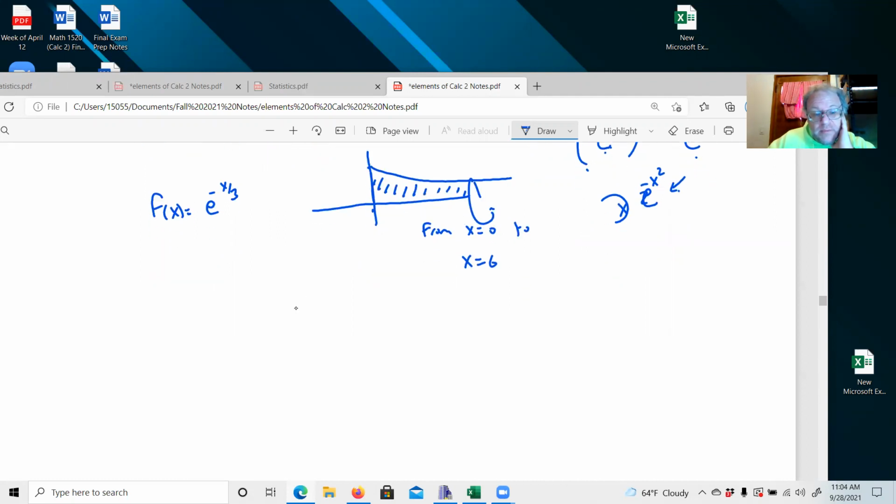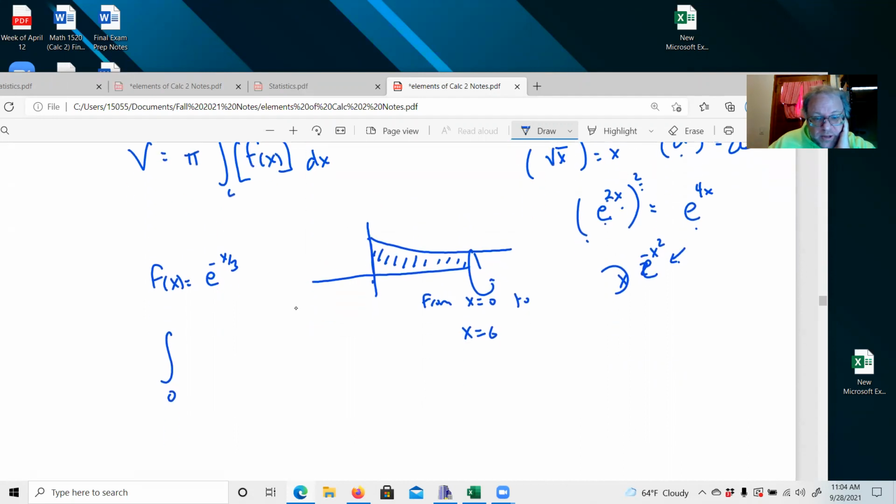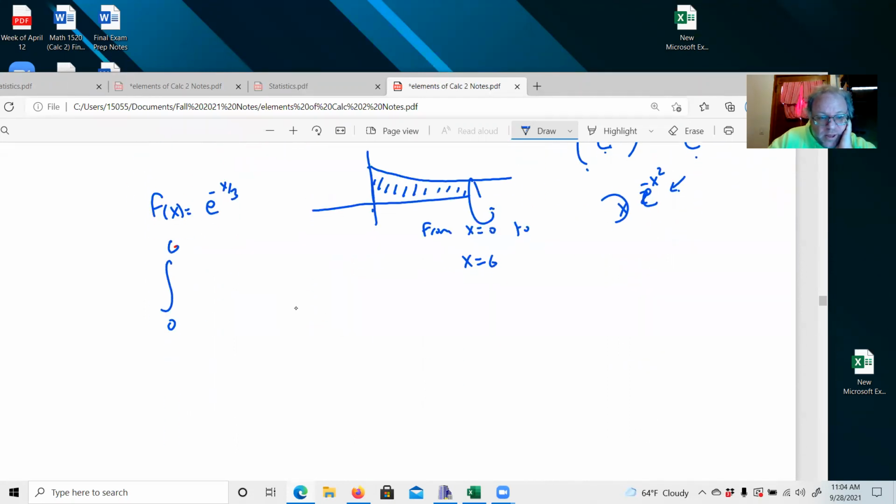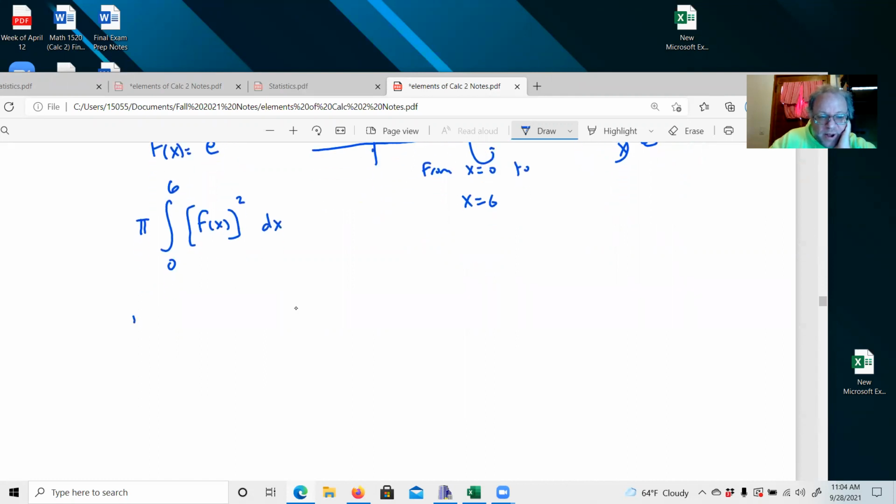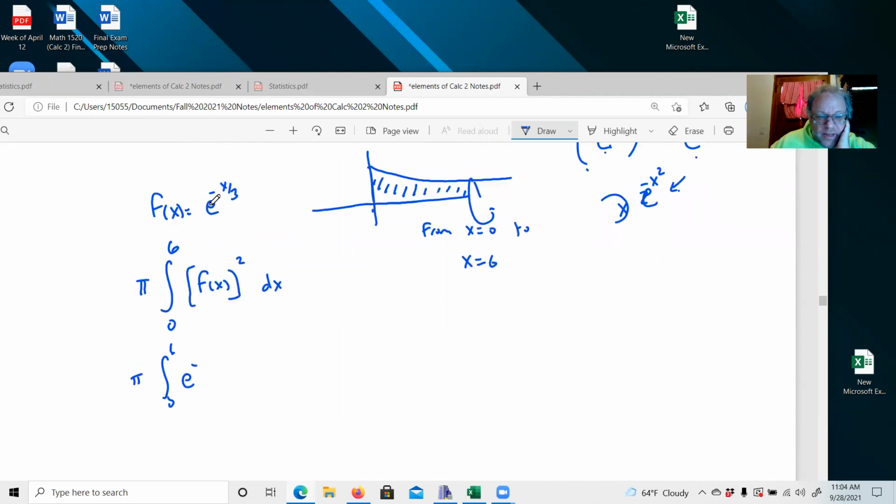So let's go integral from 0 to 6, okay? We have pi f of x squared dx. So we're going to have pi integral 0 to 6 e to the negative x over 3, did I say?